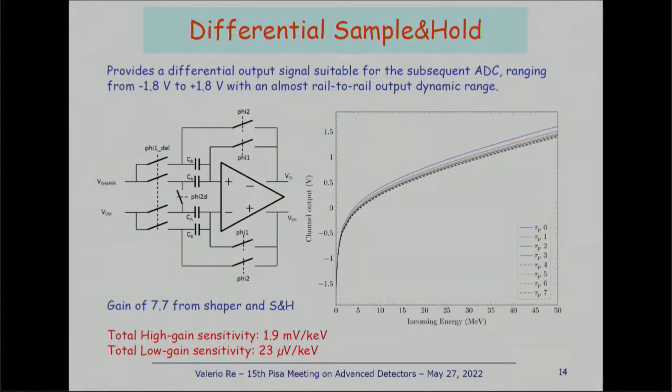So this is a differential sample and hold. This provides a differential signal to the input of the ADC, so that we acquire immunity from noise coming from the substrate and from the digital part of the chip.